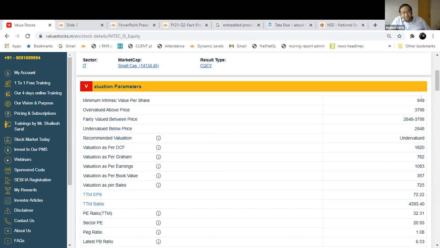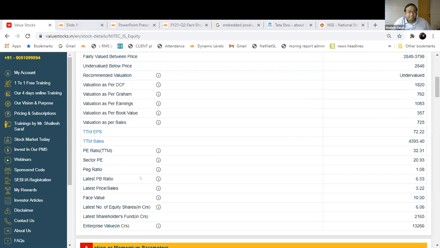Okay. So Coforge, as per the price and everything, the company's balance sheet, see every company has a PB ratio. If you see the PB ratio of Coforge, it's 6.53, price to book. The price to sales is 3.22.